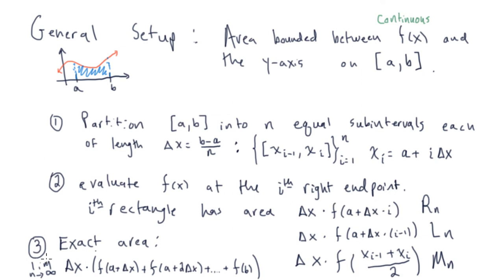And then to get the exact area, we just take the limit of the sum of all the rectangles as n goes to infinity. So that's the idea. Pretty simple, pretty naive. Again, we're just using this machinery that we built up at the beginning of the course about limits to really give an answer to a question that we would not be able to really solve otherwise.